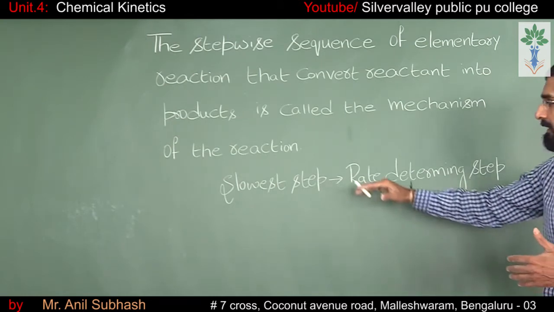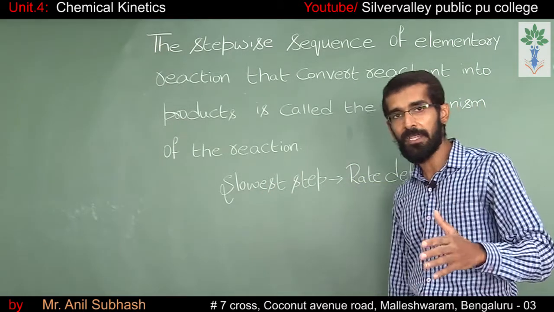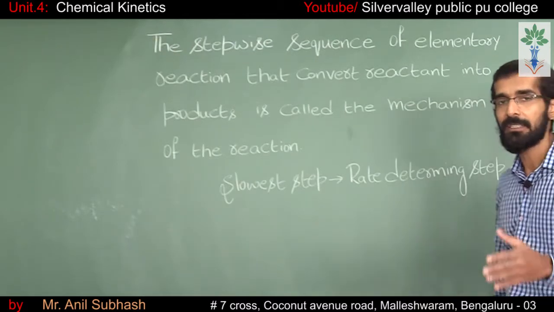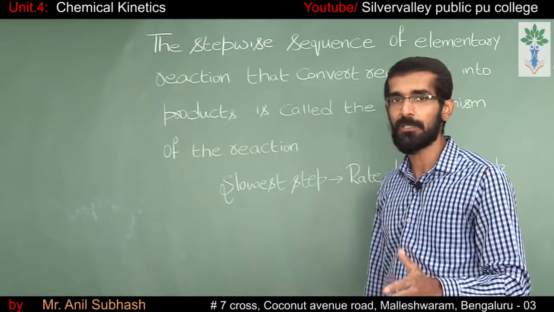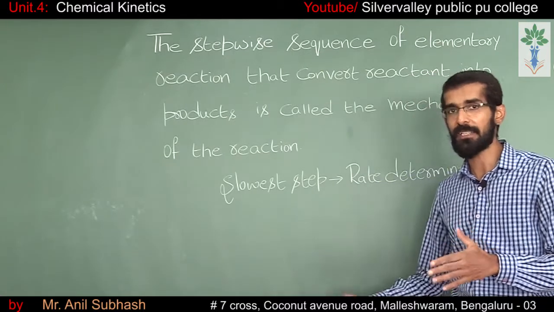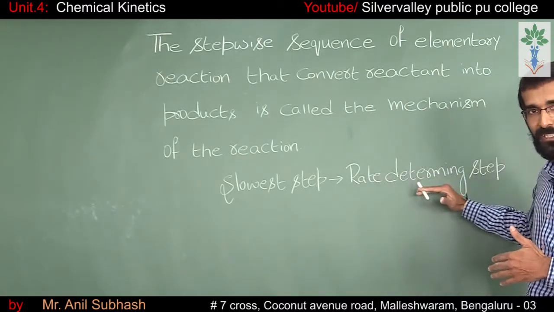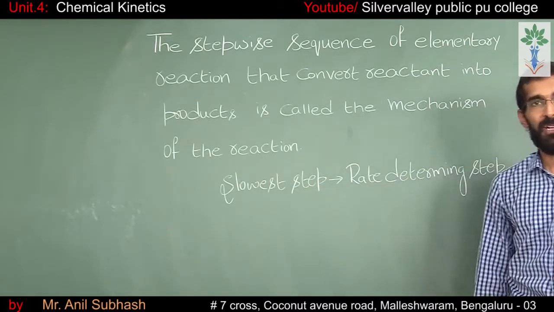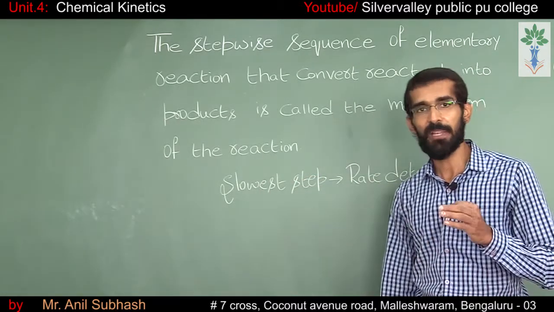That is, the slowest step determines the rate of the complex reaction, and the number of reactant molecules present in the rate determining step gives the molecularity of a complex reaction.